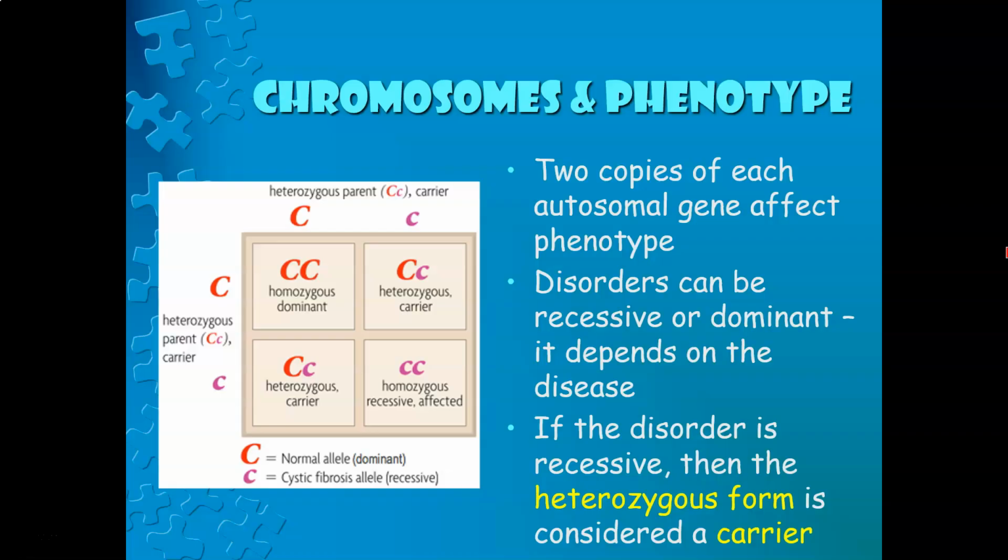Just be aware that recessive doesn't necessarily mean uncommon. Dominant also doesn't necessarily mean common. These are just terms that we're using to describe the way traits are inherited. It's based on their genetics, not necessarily about how they function in a human being.